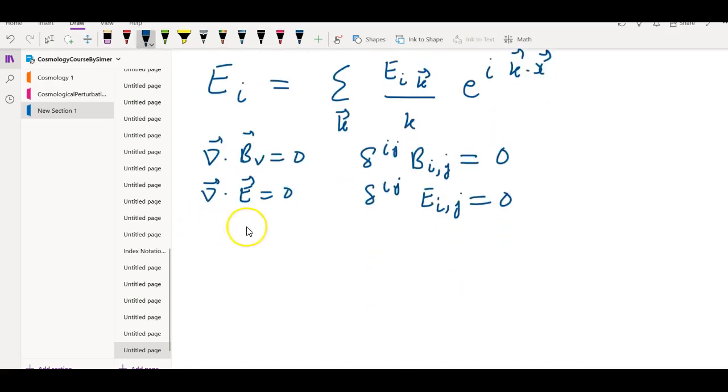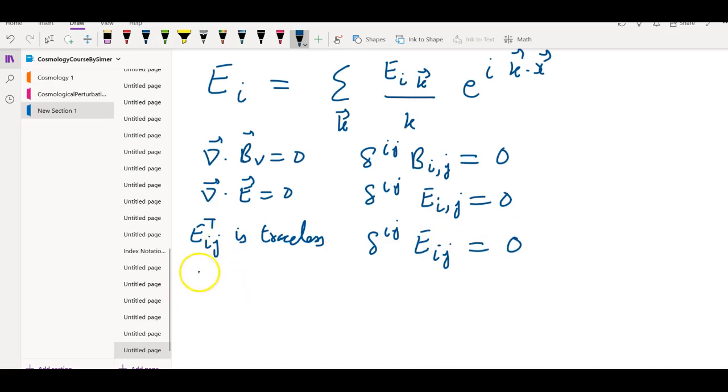Then we have the constraint that eij t is traceless. This gives us this is equal to 0.